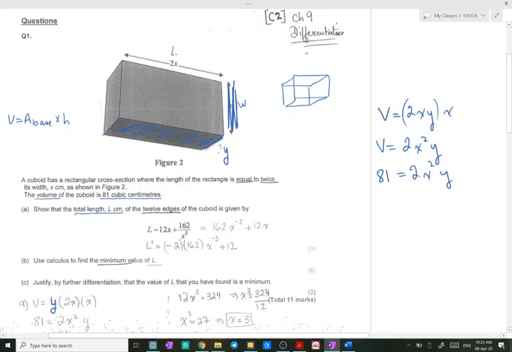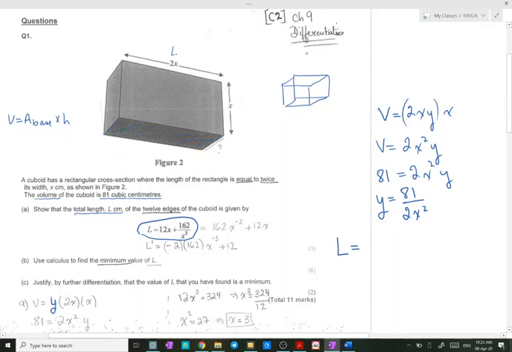Now if we look at the given expression for L, it doesn't contain y, so we need to write y as the subject, in terms of x. Now in order to find the length, let's go back to the figure and count.